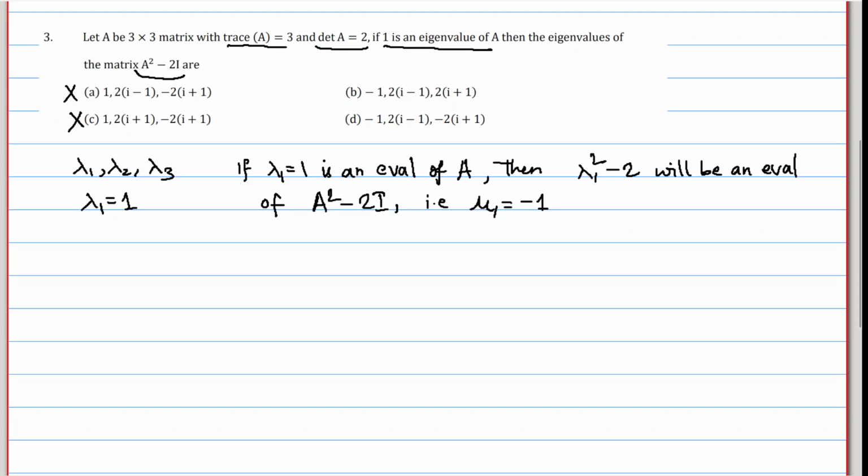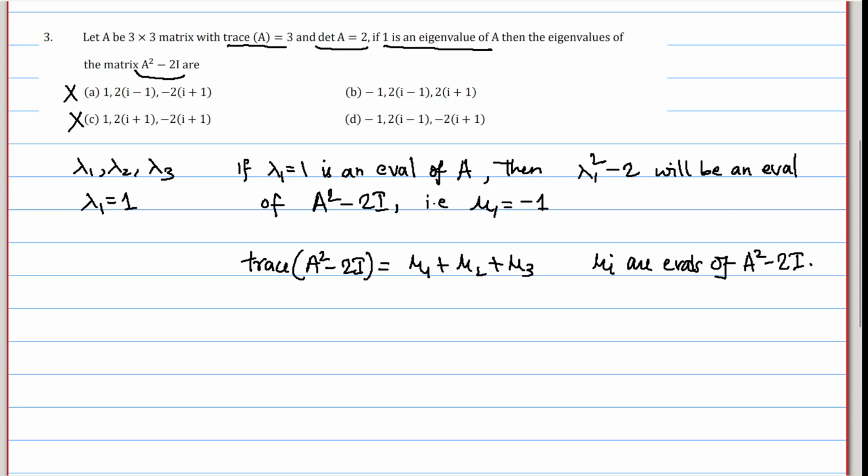Now what can we do? Look at the trace of A, which is 3. The trace of A square minus 2I will be mu 1 plus mu 2 plus mu 3, where the mu i's are the eigenvalues of A square minus 2I.